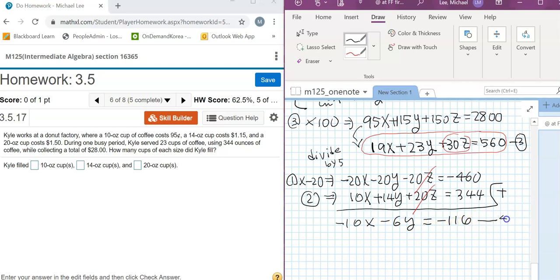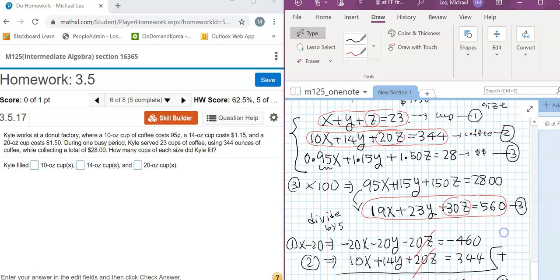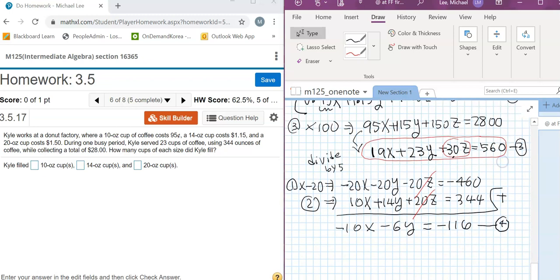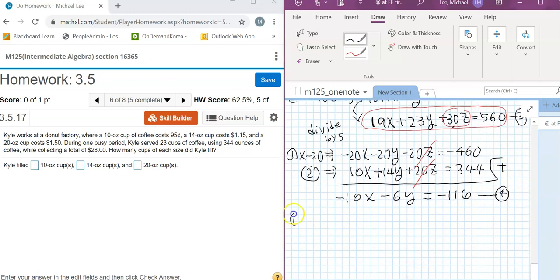I'm going to do number 4. Now, I have to use first one and the third one. I use first one and second, but I'm going to use equation 1, equation 3. This is 30 now, so I'm going to multiply equation number 1 by negative 30 now.